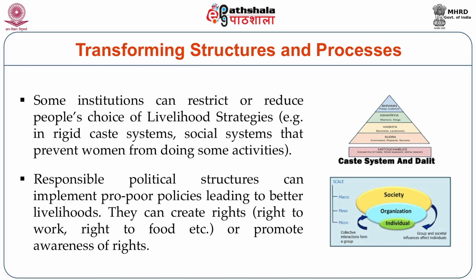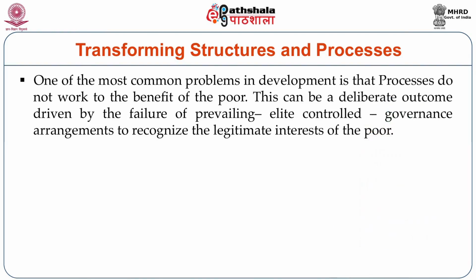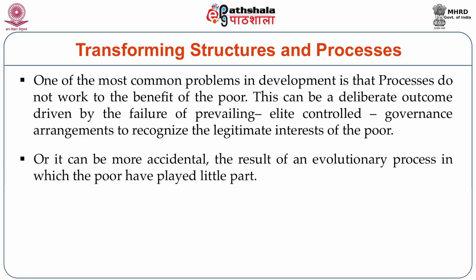They can create rights, right to work, right to food, etc., or promote awareness of rights. So, one of the most important or common problems in development is that processes do not work in favor of the poor. This can be a deliberate outcome driven by a failure of prevailing or elite controlled governance arrangements, or it could be just accidental and the result of an evolutionary process in which the poor have played little part.